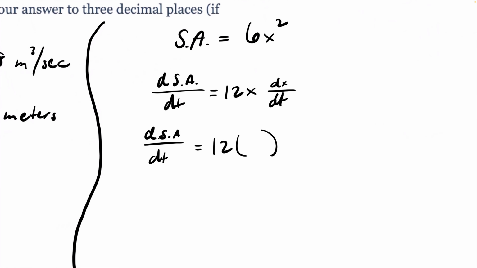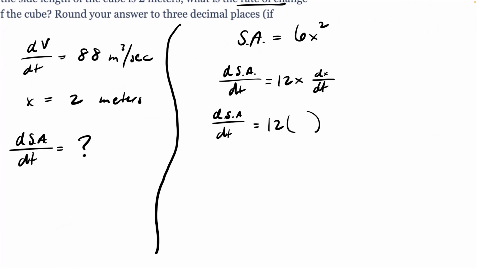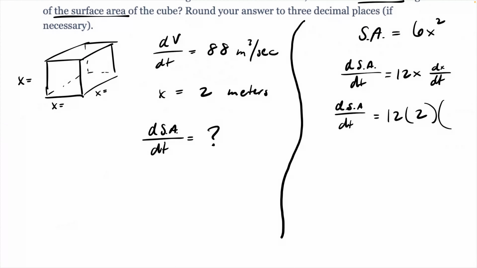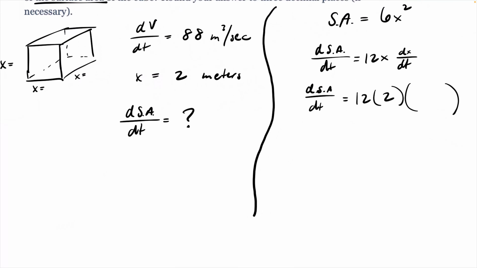Do I know what x is? Yes, x is 2. Do I know what dx over dt is? No, I don't. So I have to stop there. When you get to a point like that, that's when you have to bring in the other formula. The other formula is volume equals x cubed, side cubed.